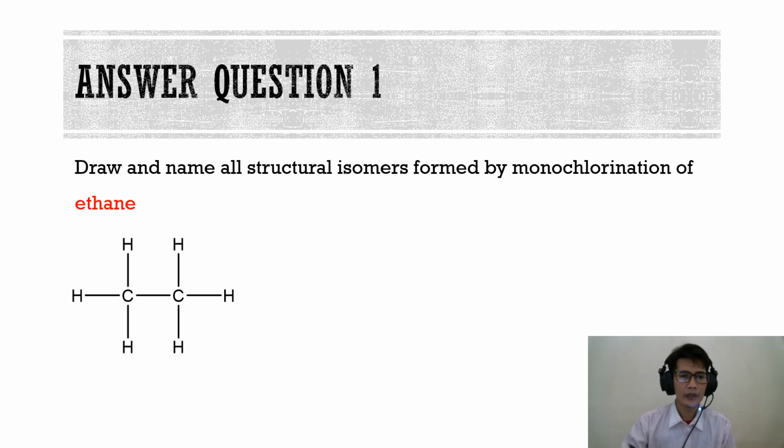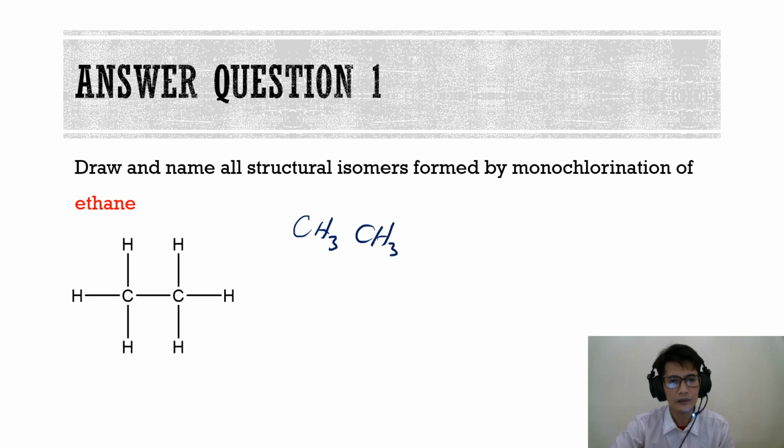Therefore, if you want to write the equation for this compound, you write CH3CH3, and chlorination reacts with Cl2, and we need to put heat or UV light. All right, heat or UV light, and then it produces the product.